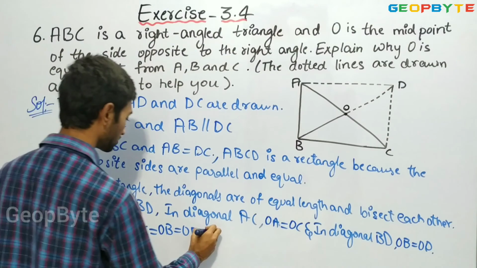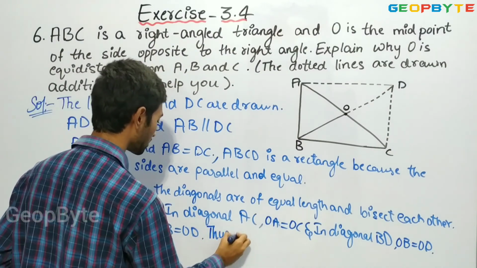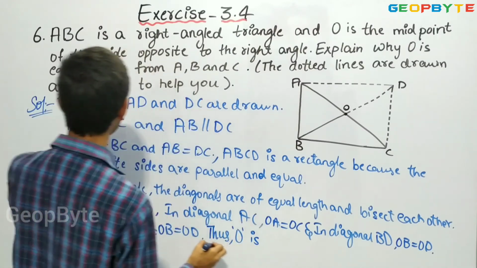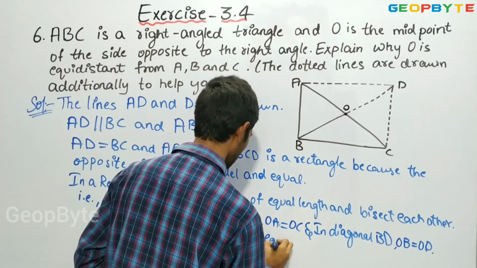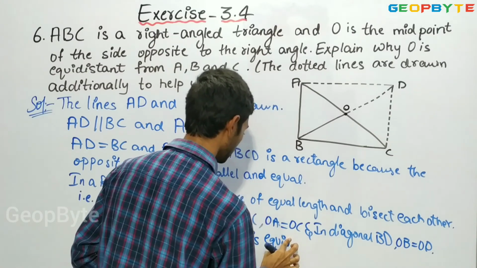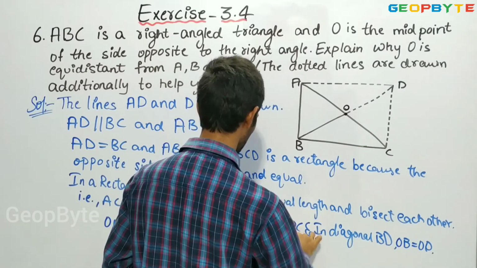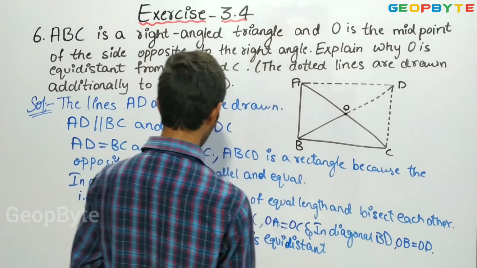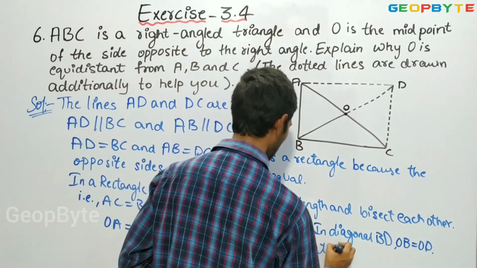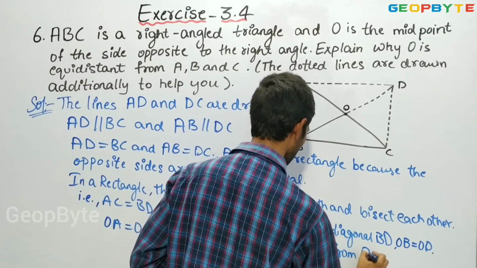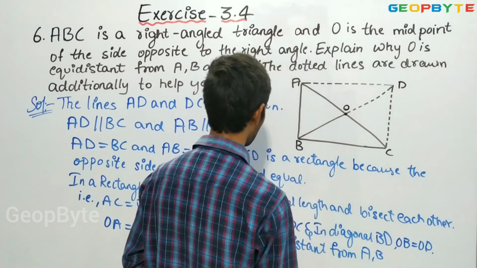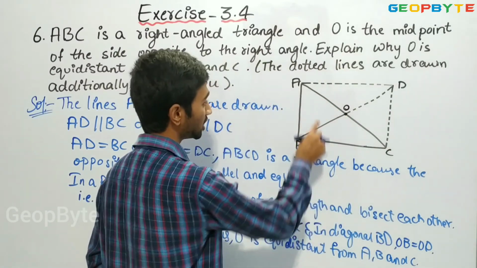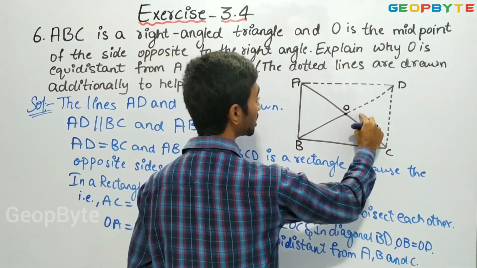Thus O is equidistant from A, B and C. Here OA equal to OB equal to OC equal to OD.